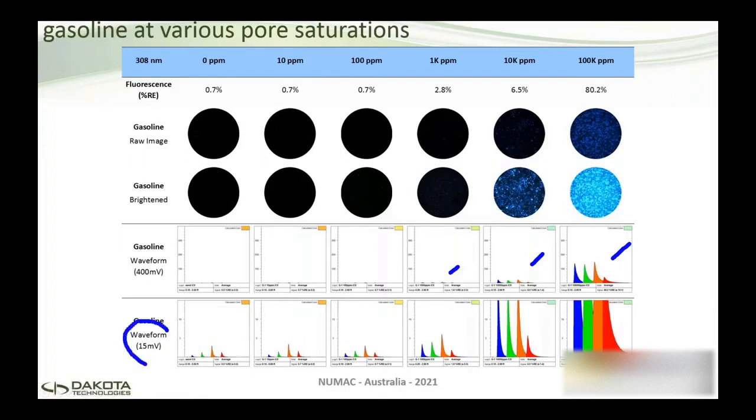I have to zoom way in to see that I'm starting to get an increase in signal or fluorescence at about 1,000 parts per million, whereas the diesel could see it down at 10 parts per million. So it has less PAHs in it. It's more dilute. So it's only a fifth as bright as the diesel is.